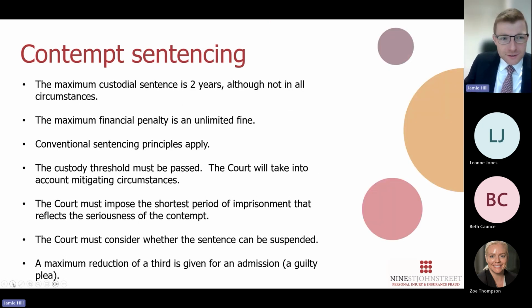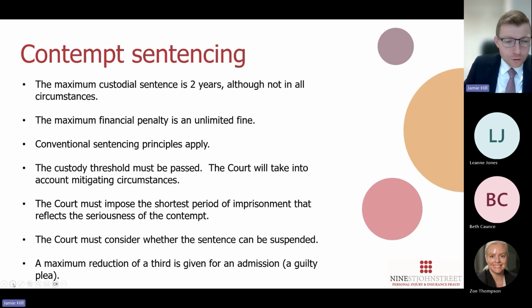In terms of sentencing, the maximum is currently 2 years. And it looks as though that is going to stay the same. I say that because there's currently a consultation at the moment in terms of changes to contempt of court, and there are proposals to increase the range of sentencing options, so including community orders.